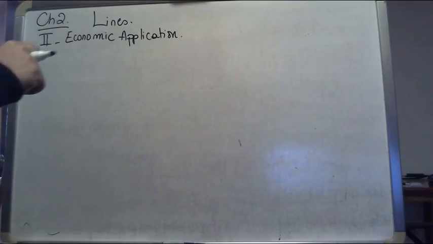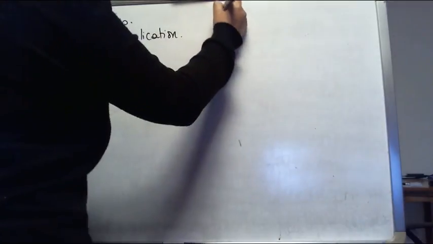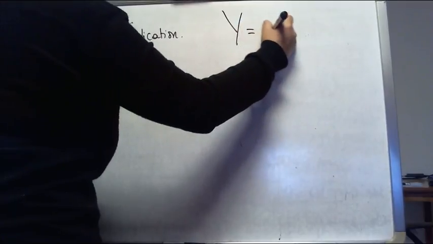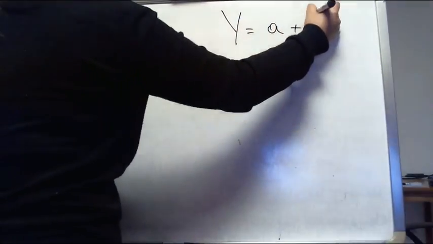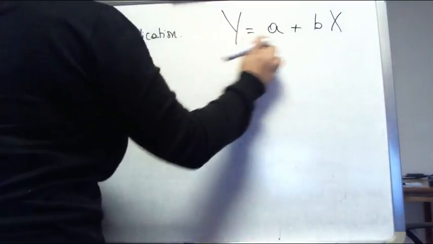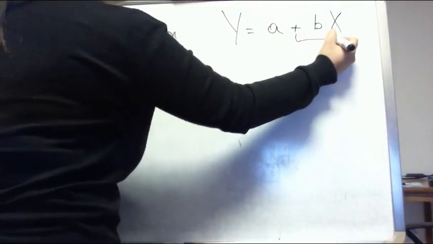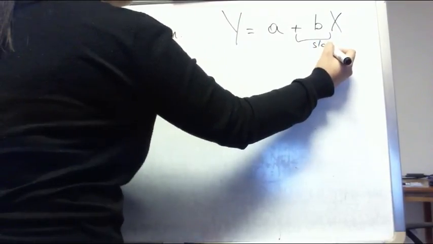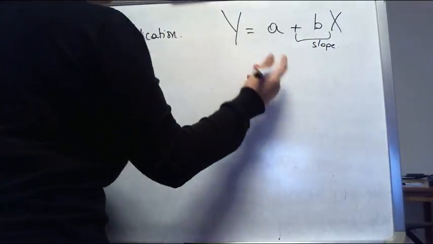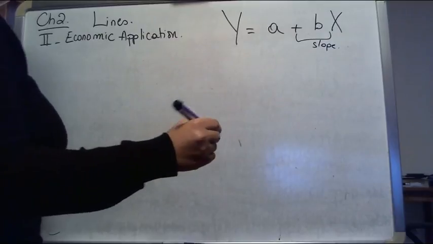We will recap what is a line. A line shows the relation between two variables, for example, y and x. It has the slope b and the intercepts, x-intercepts and y-intercepts.